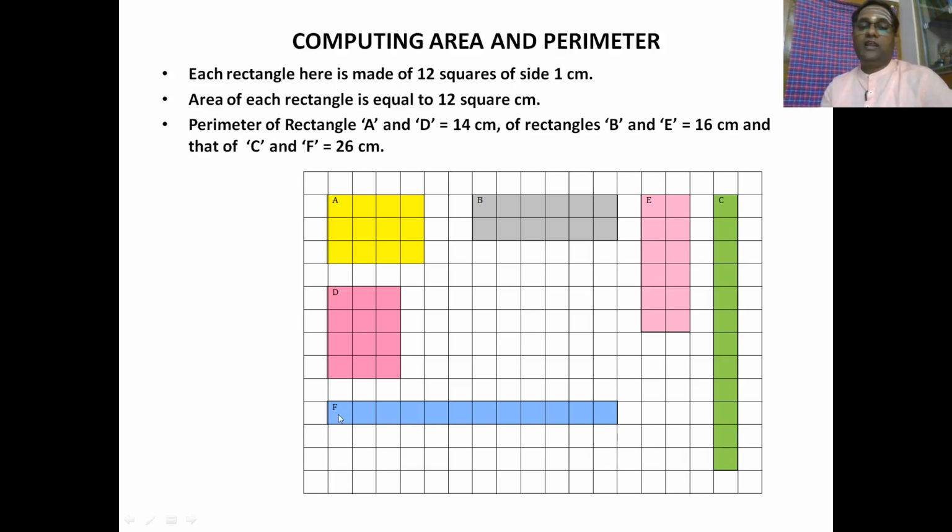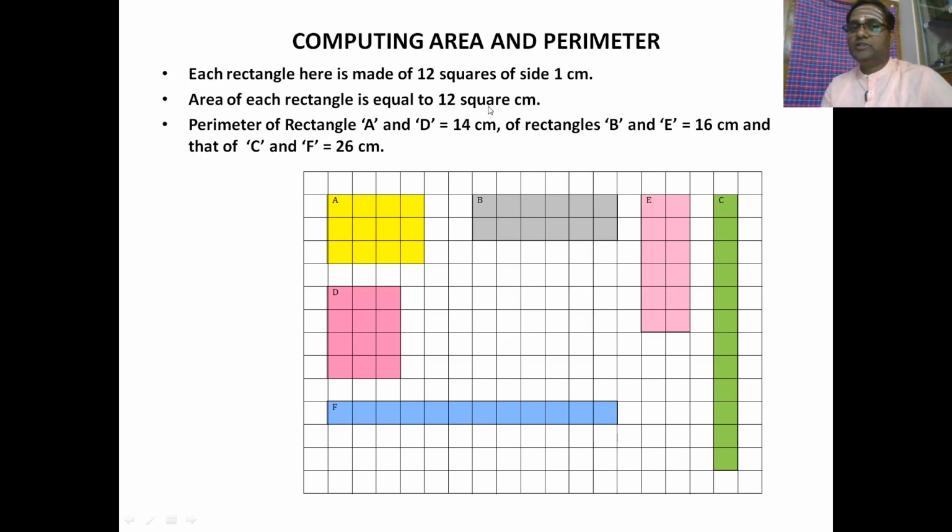Similarly, area of rectangle F is also 12 square centimeters because it has 12 boxes. So each rectangle here being made up of 12 boxes, the area of all these rectangles A, B, C, D, E and F is equal to 12 square centimeters.